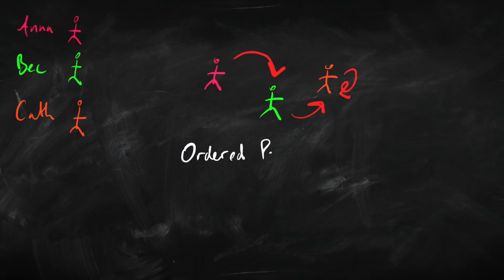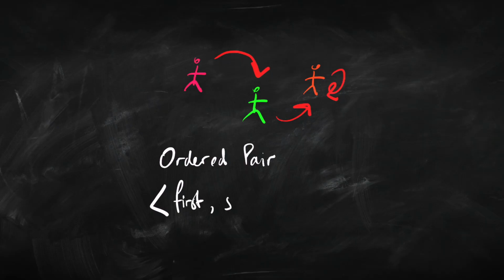This is where set theory comes in. The key idea that we're going to use is called an ordered pair. It's really simple. An ordered pair is two things, with one being the first and the other being the second. It's like this: the first thing and the second thing. That's basically all we really need to know for the time being.